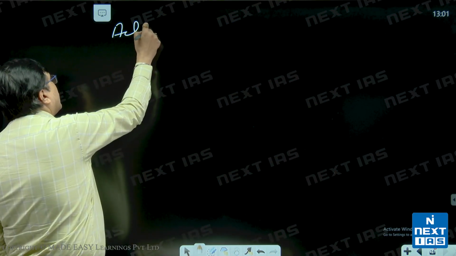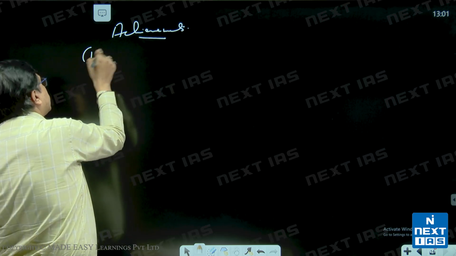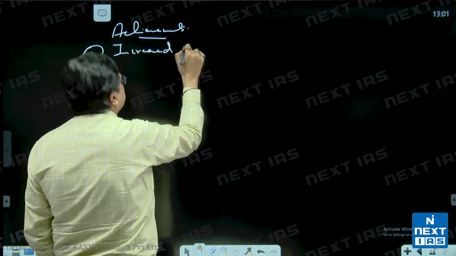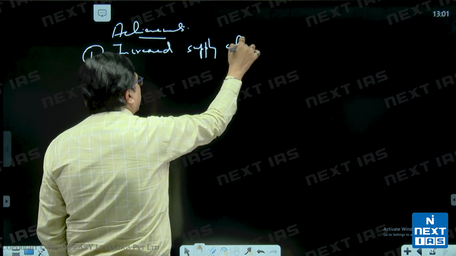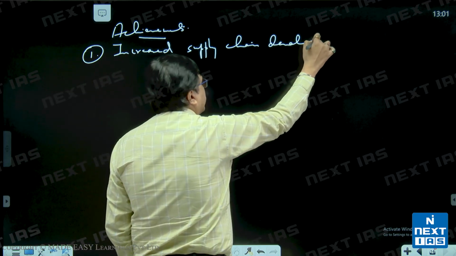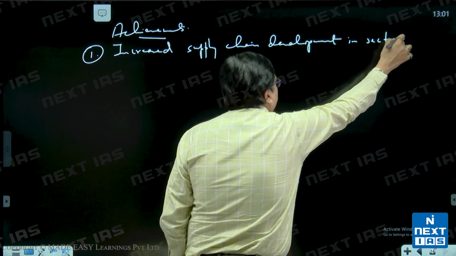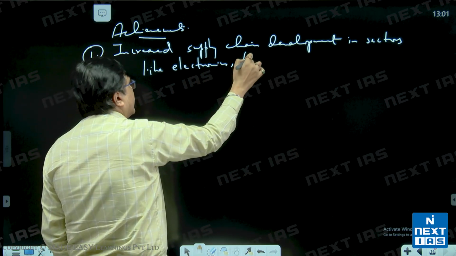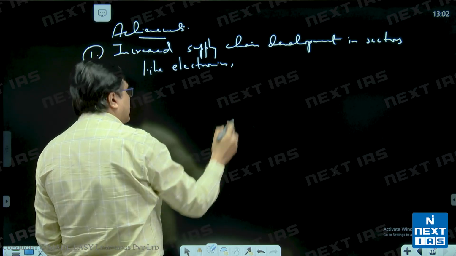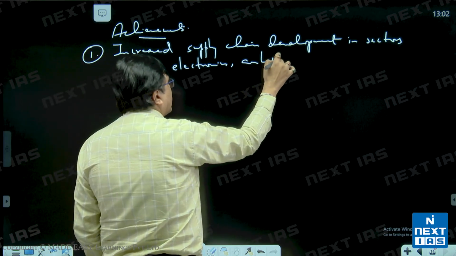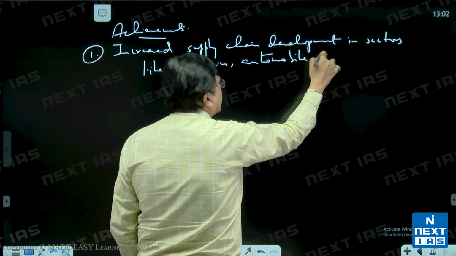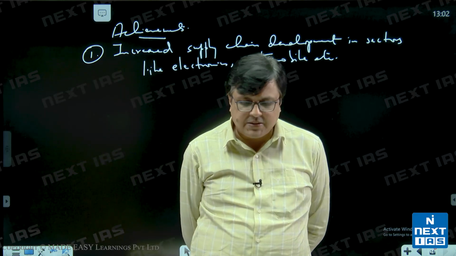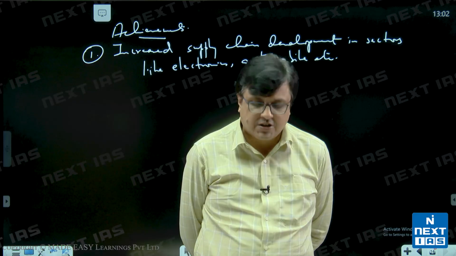So achievements, 1, increased supply chain development in sectors like electronics, automobile, etc. In fact, if you look at electronics, today 99% of our mobile phones used are manufactured domestically.